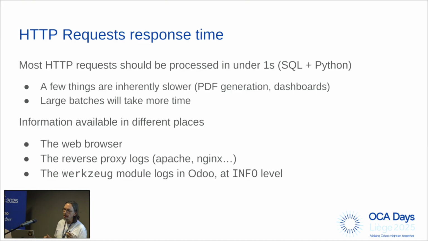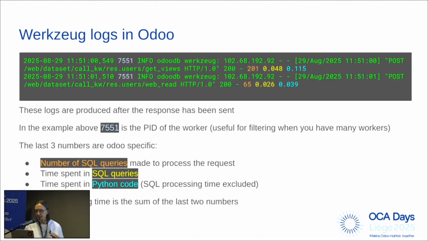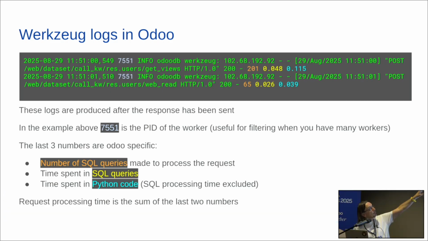But my favorite is the werkzeug logs in Odoo at info level, because these give you more information than the others. It looks like this. So that's the normal format of the log.